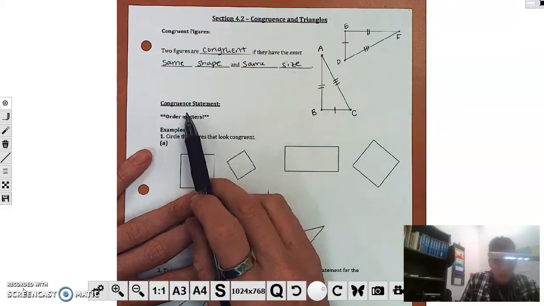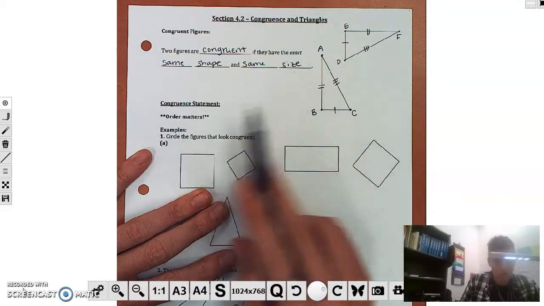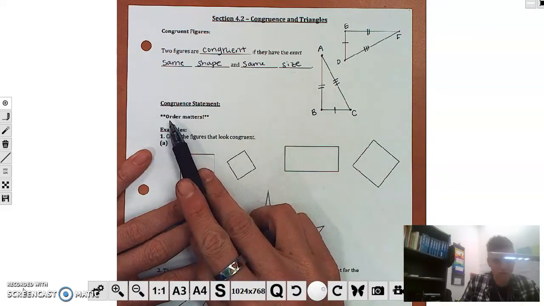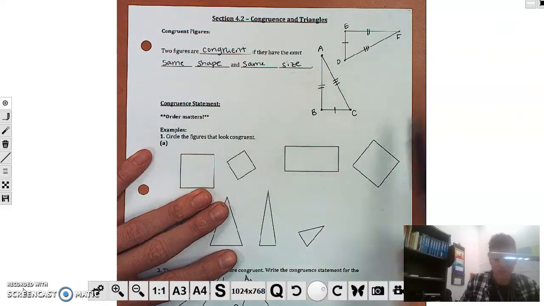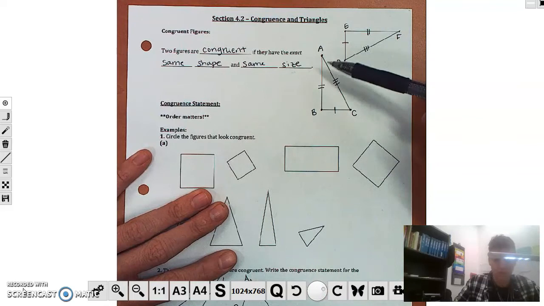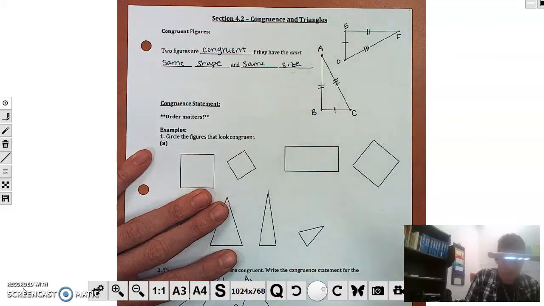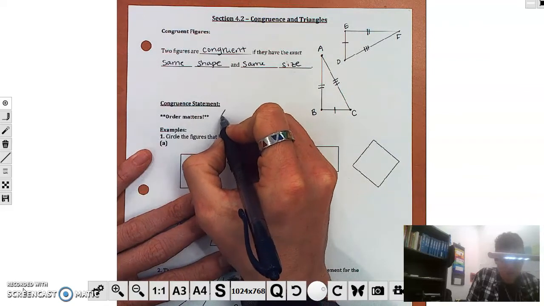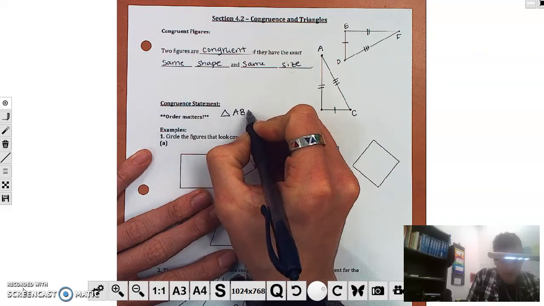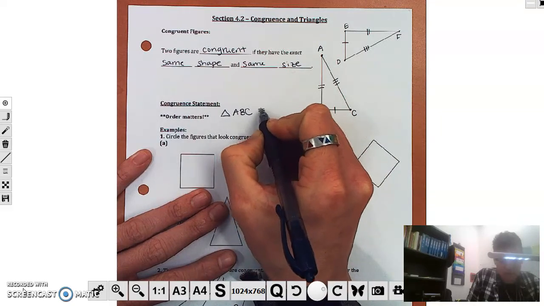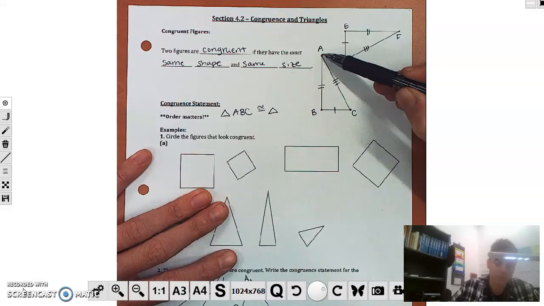But now we can make a congruence statement about these two triangles in which the order of the letters is really important. So we want to make sure that the order of these letters indicates which sides actually match up. So let's say triangle ABC is going to be congruent to triangle, let's see here, FED.